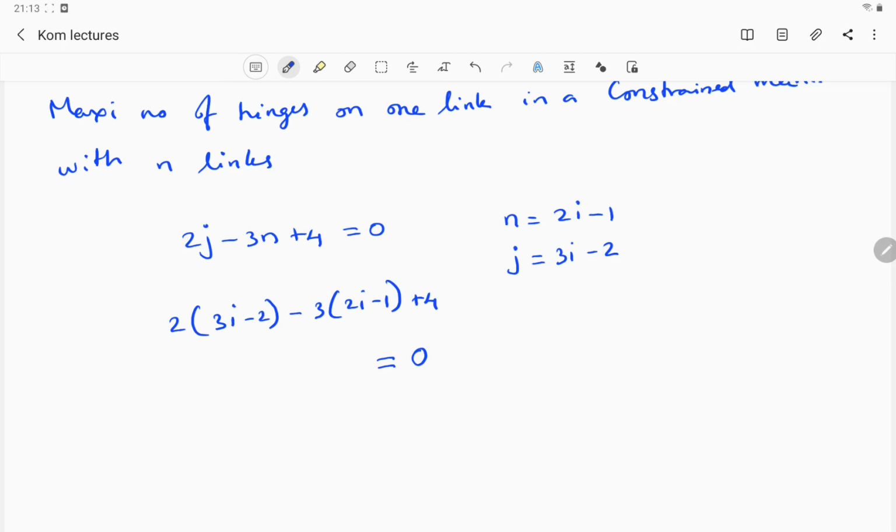Irrespective of the i value, it will be equal to 0. So it is a constraint mechanism. Okay, thank you.